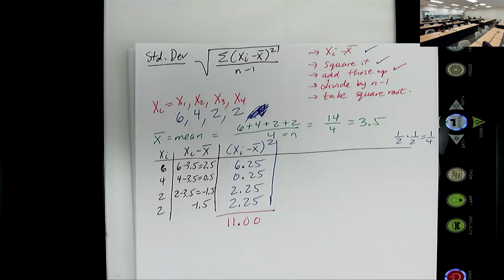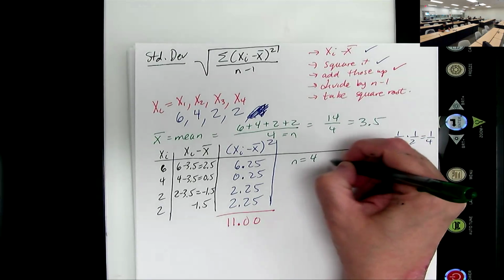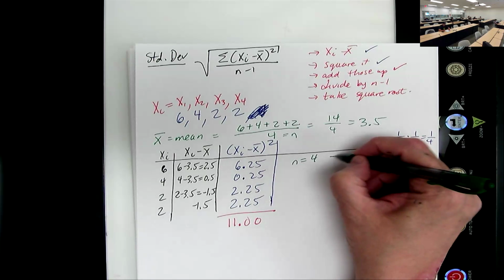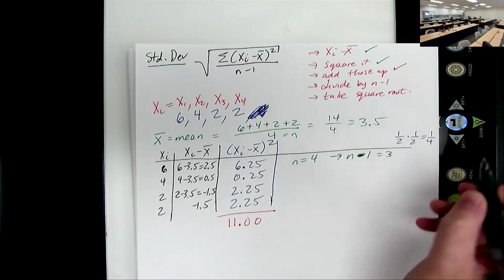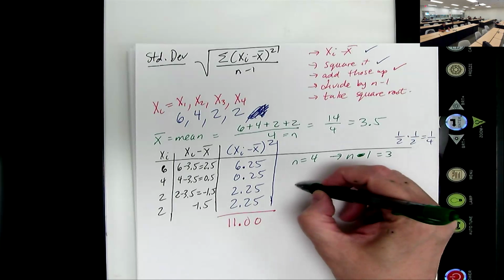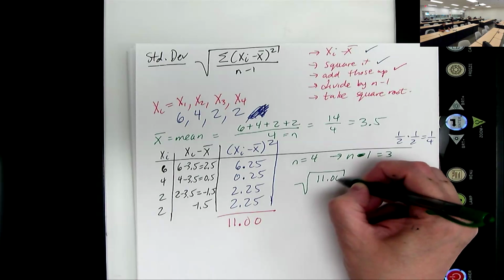Now we gotta divide this by n minus 1. n equals 4, because there were 4 entries. So n minus 1 is 3. So what we're gonna have is the square root of 11 over 3.